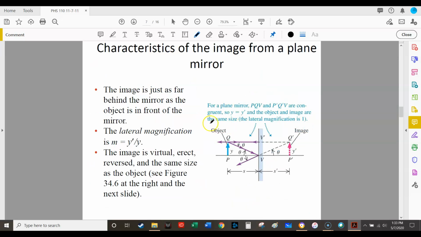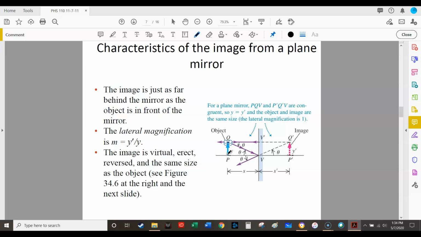Well, there's also an issue of magnification too, right? With plane specular mirrors, the image that gets formed is going to be the same size as the object, right?